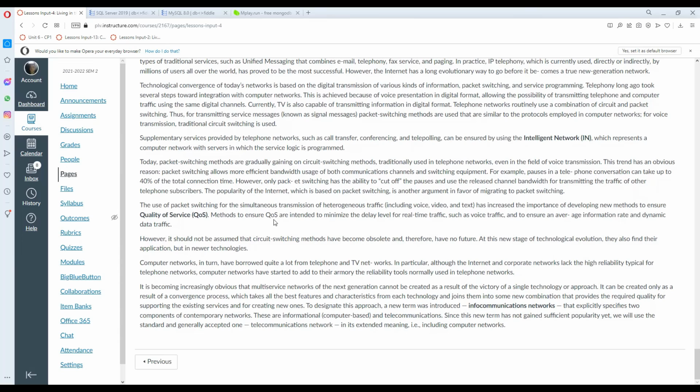Methods to ensure quality of service are intended to minimize the delay level for real-time traffic, such as voice traffic, and to ensure an average information rate and dynamic data volume. However, it should not be assumed that circuit switching methods have become obsolete and therefore have no future. At this new stage of technological evolution, they also find their application, but in newer technologies.